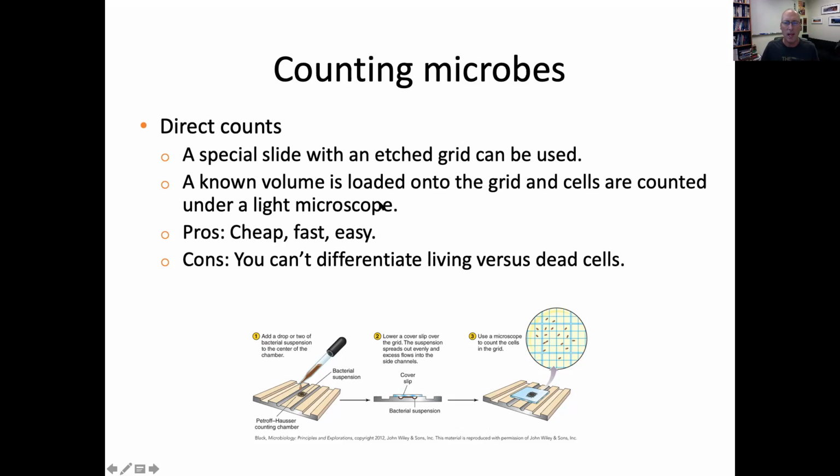Okay, and then you can count how many cells are within that grid, and you can then calculate the density of cells in that grid.